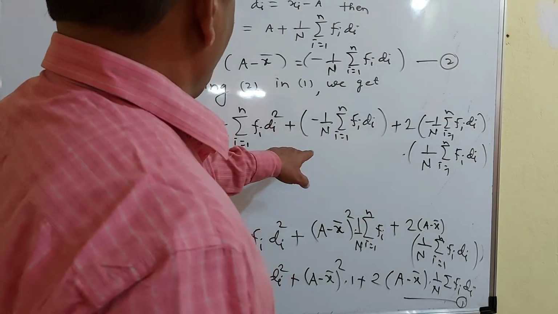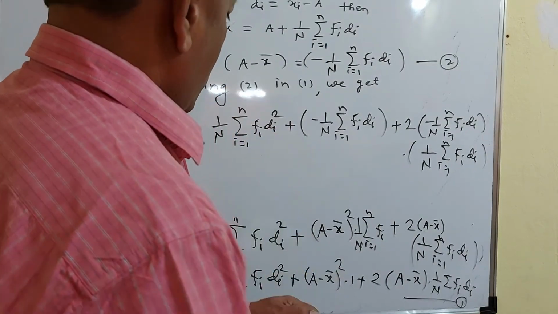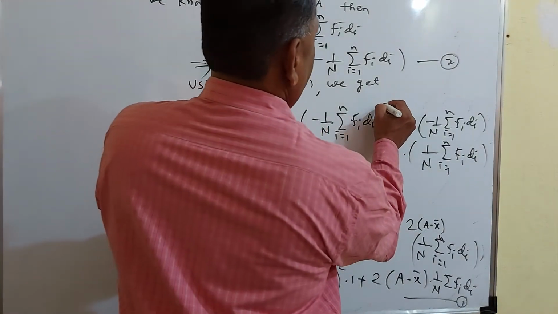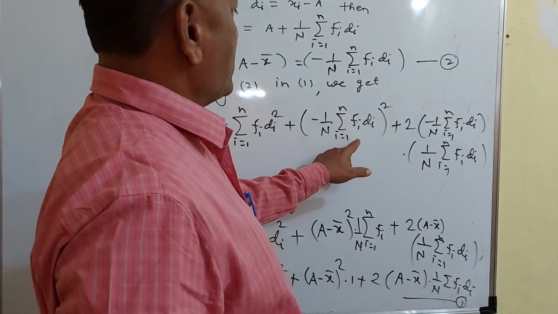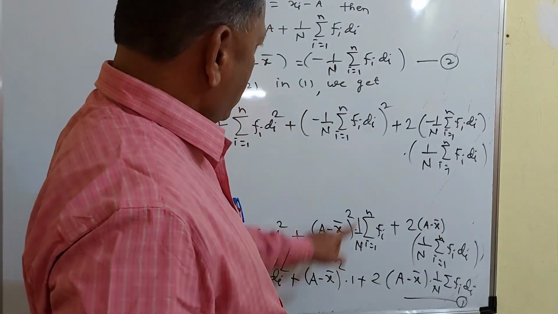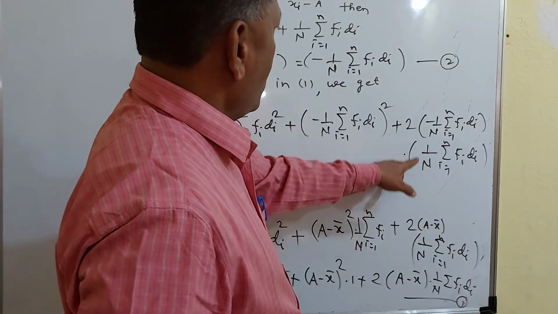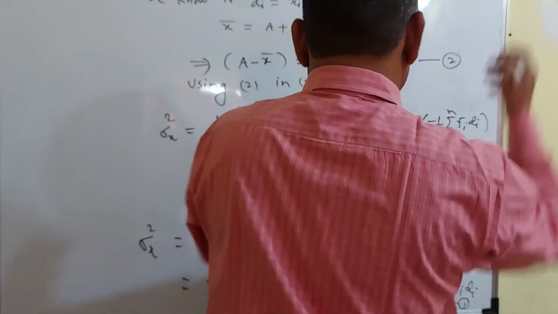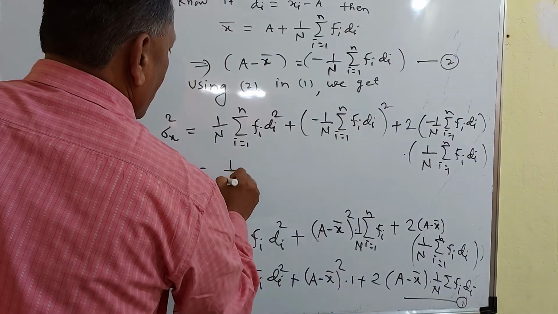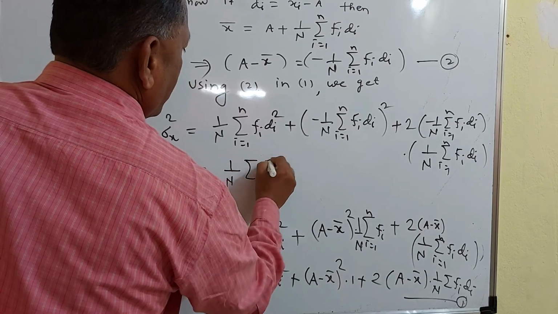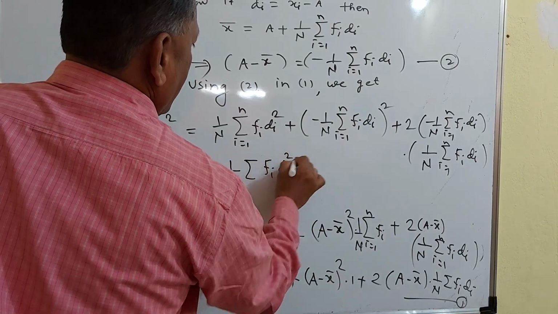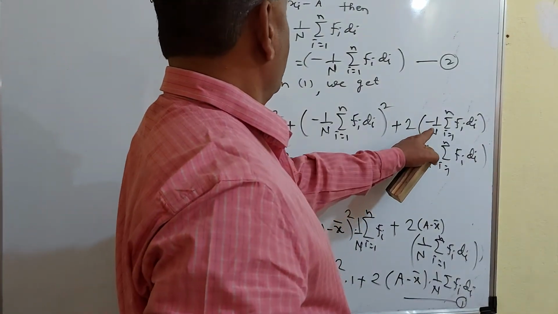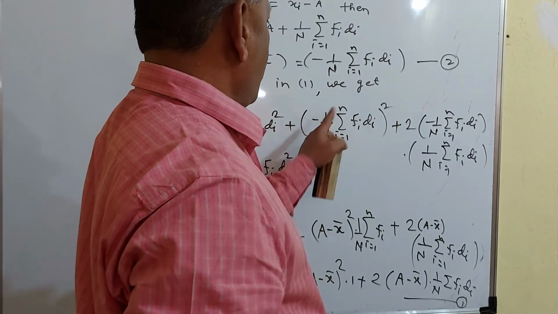So what is wrong here? You need a minus x bar square. I forgot the square here. Minus 1 upon n summation of fi di, whole square, because you need a minus x bar square, plus 2 into minus 1 upon n fi di, and its whole square. So it is equal to 1 upon n summation of fi into di square, i going from 1 to n, minus, here minus 2 times, and here the square of minus 1 means 1.